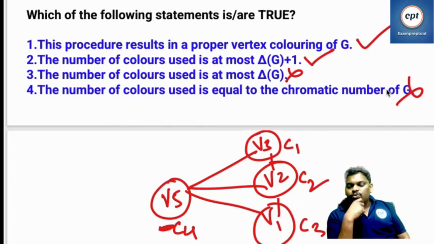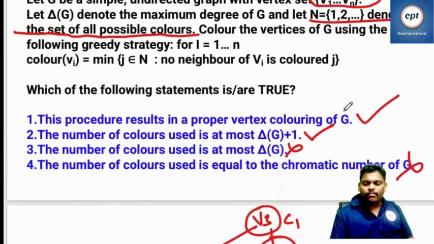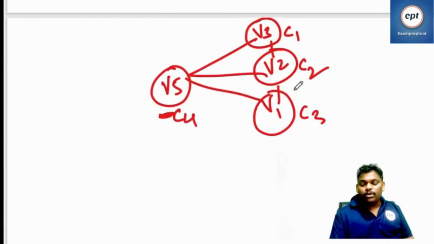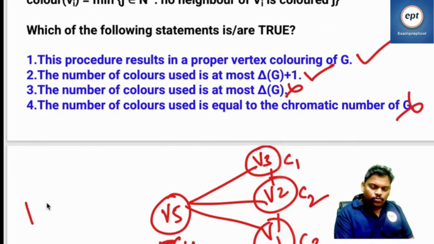The number of colors used is equal to the chromatic number of G: no. Chromatic number means the minimum number of colors needed, and this algorithm cannot guarantee the minimum number of colors. So what is the answer? 1 true, 2 true, 3 false, 4 also false. I think 1, 2.